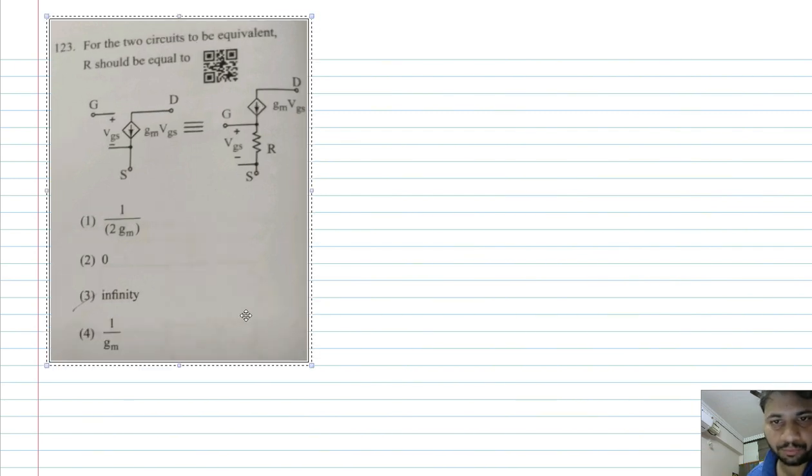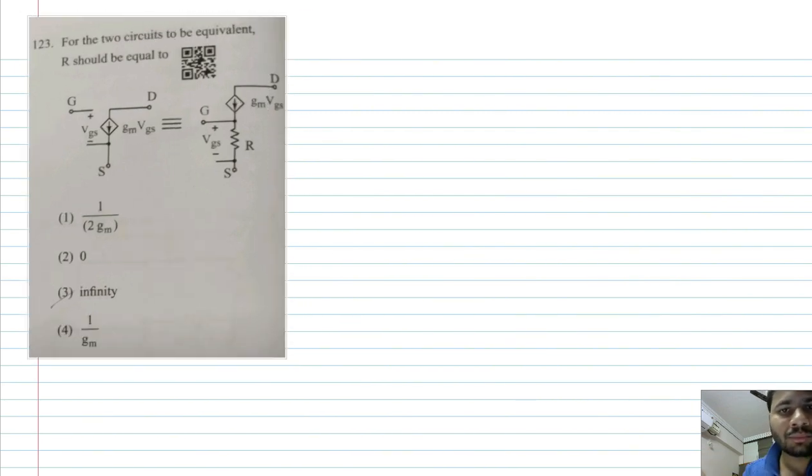Next one. For the 2 circuits to be equivalent, R should be equal to, first of all, there is the small signal equivalent of a MOSFET, in fact the NMOS transistor, of course when it operates in saturation.